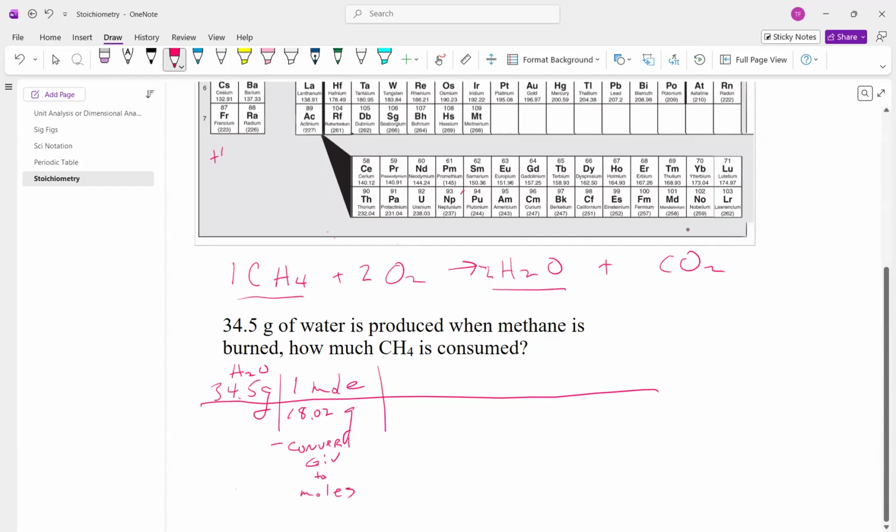Okay, the next step comes from the balanced equation. And we want the water to cancel. We're trying to calculate methane. I'm going to write the coefficients from the balanced equation there. Okay, water's 2, methane's 1.